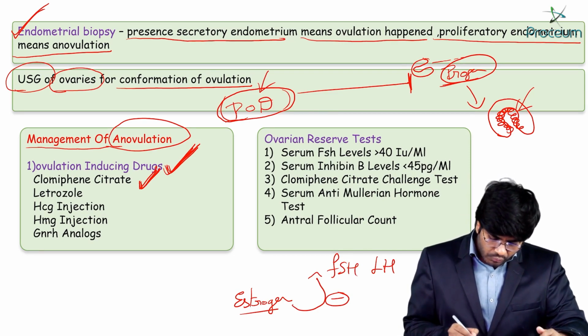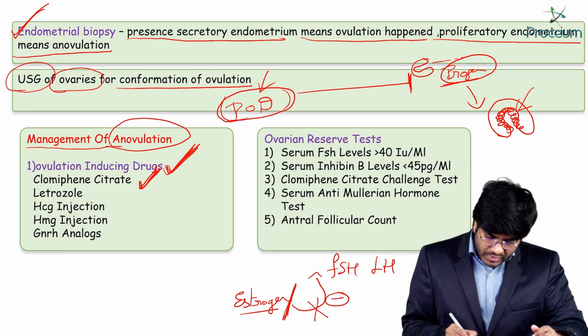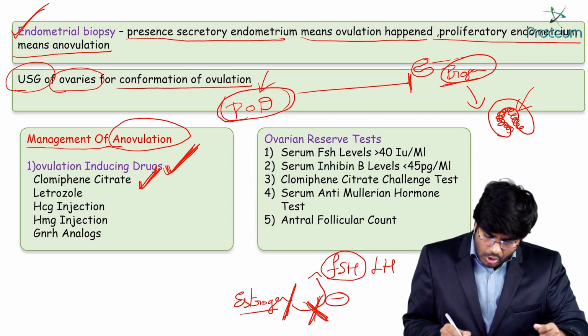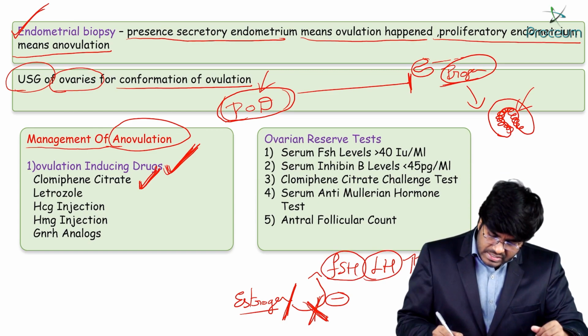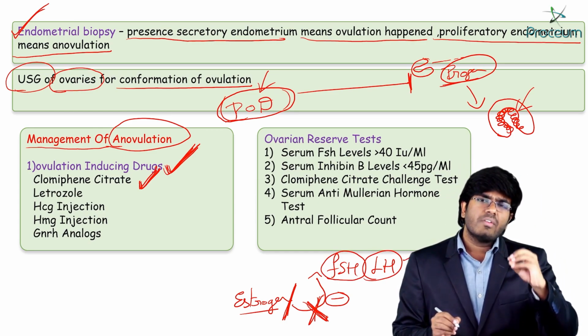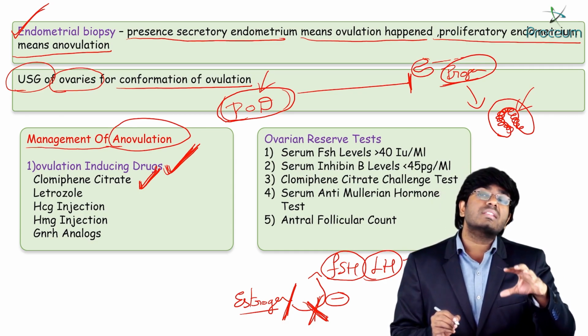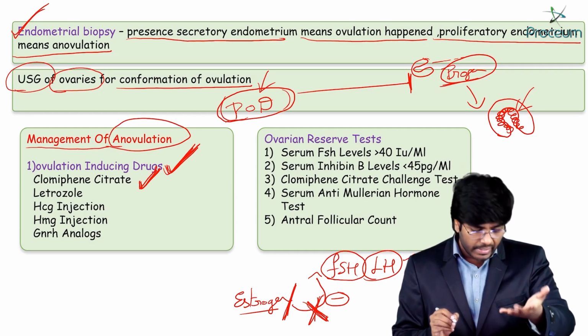So whenever you give clomiphene citrate, the negative feedback on FSH and LH is lost, and FSH and LH levels start to rise, especially FSH. With more follicle stimulating hormone, your ovarian follicles are stimulated so that those follicles will rupture and ovulate.